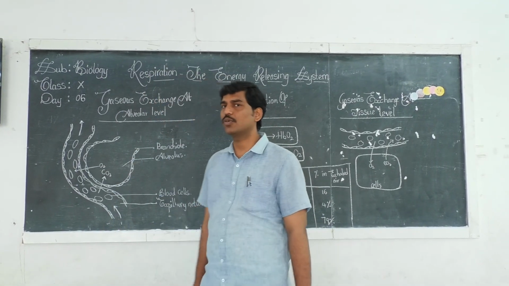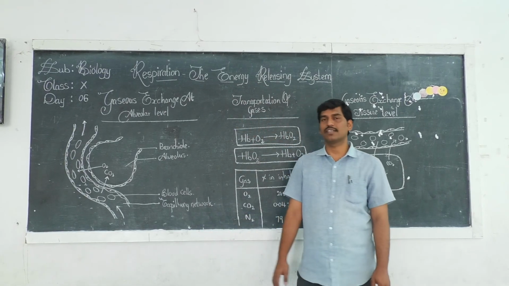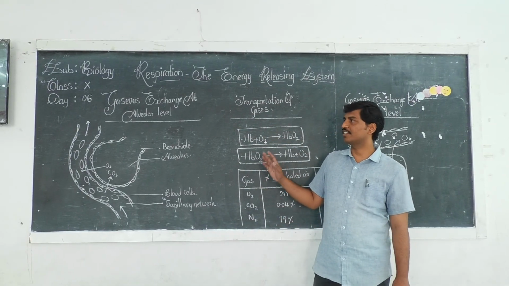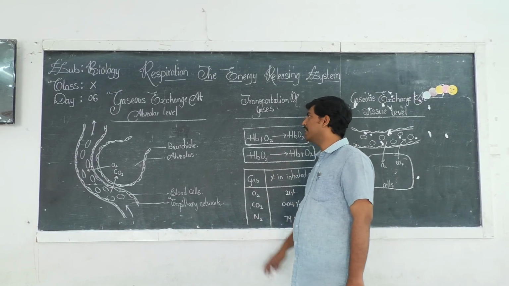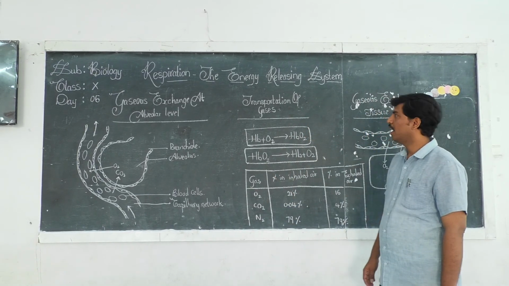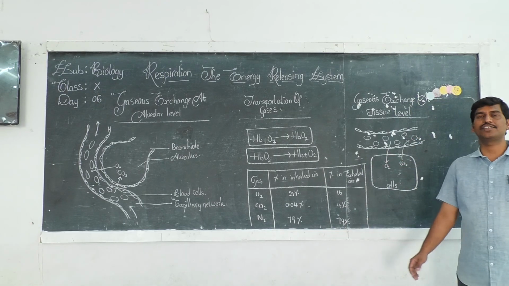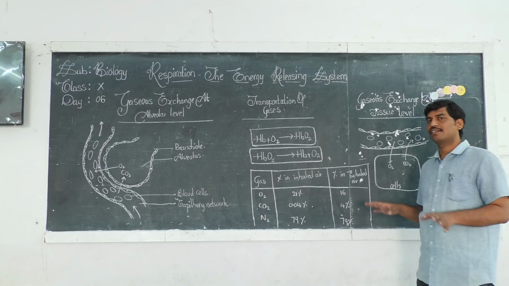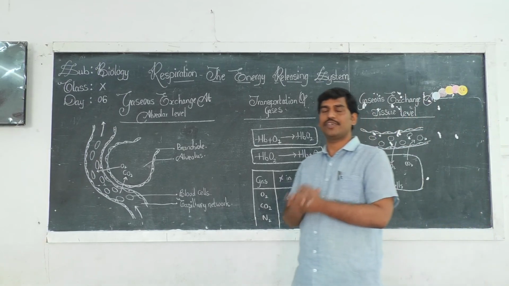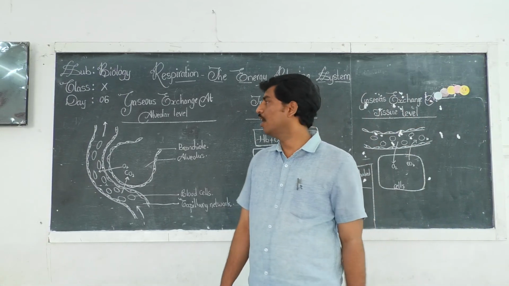Now in today's class, let us try to understand how gases exchange takes place at alveolar level, how gas is transported by blood, and how gases exchange takes place at tissue level. These are the topics we are going to cover for today.